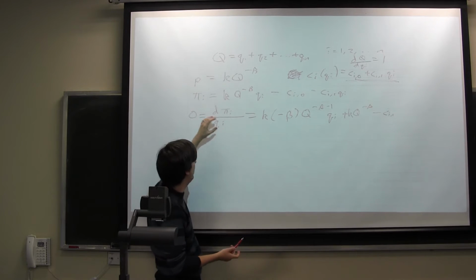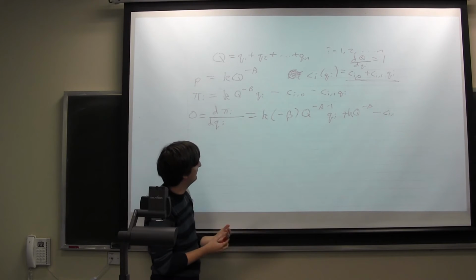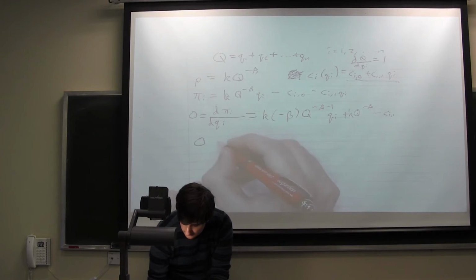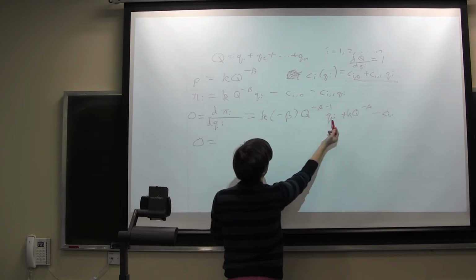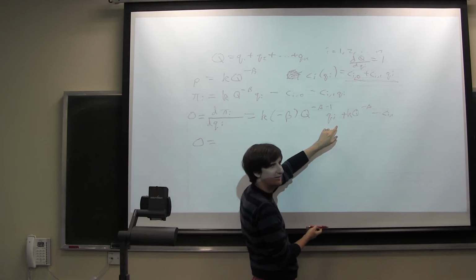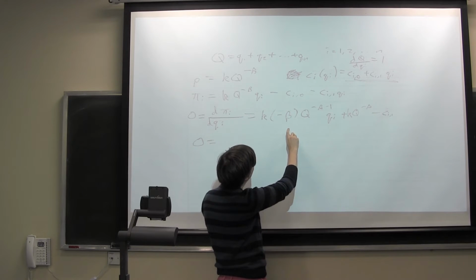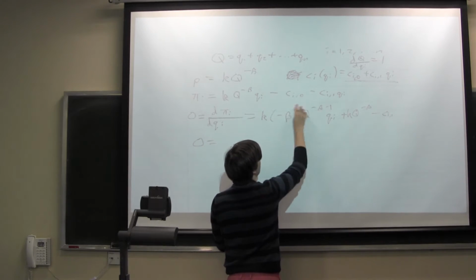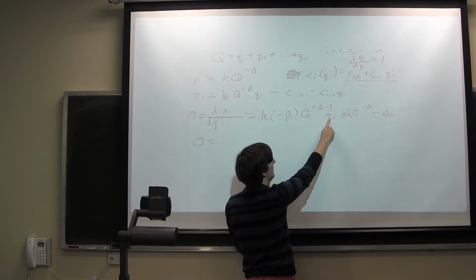For n firms, so for n copies of this first order condition, what we always do is we just add them all together. So when we add the n copies of this first term together, here you get q1, then you get q2, then you get q3, all the way up to qn.